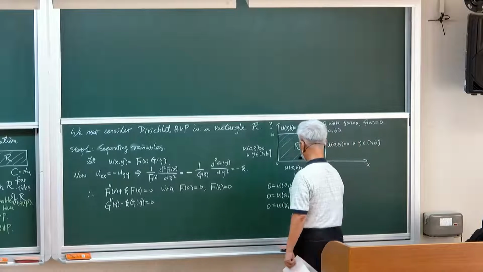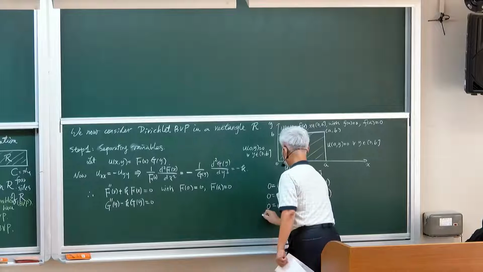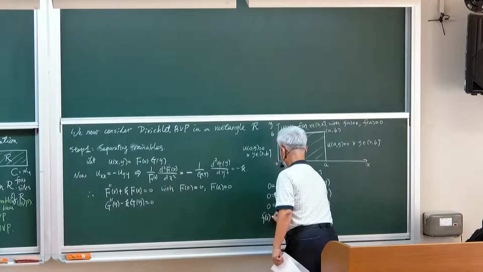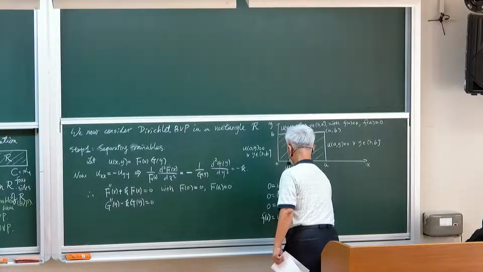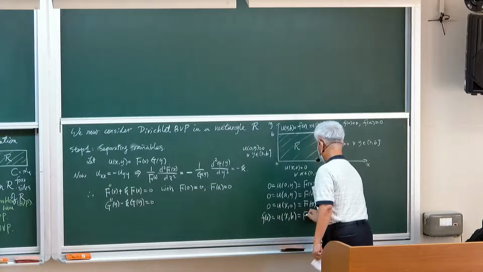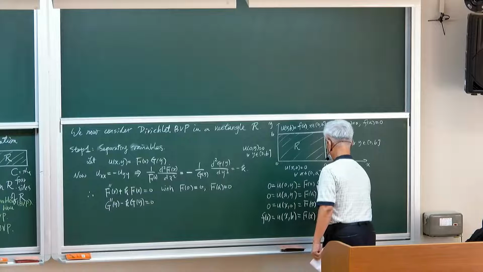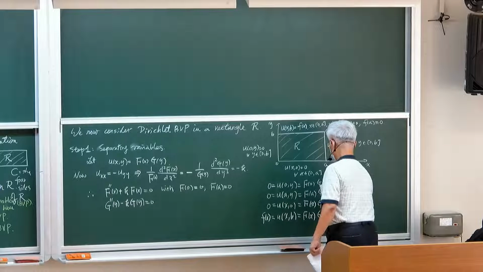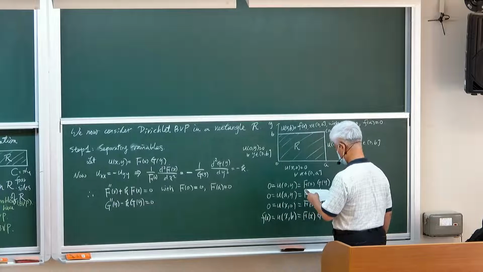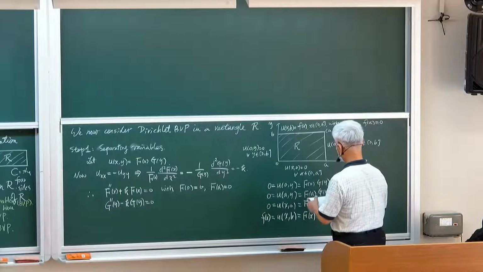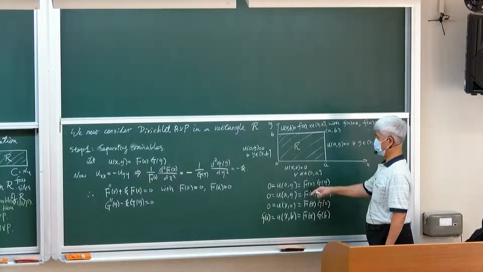And the top, f(x) is equal to u(x, b), so that is F(x) times G(b). So we have that.